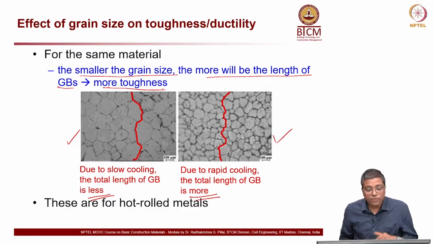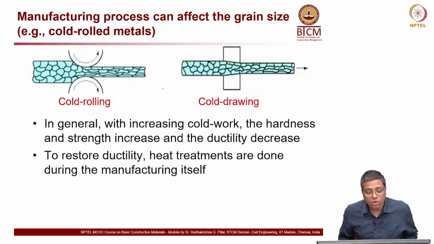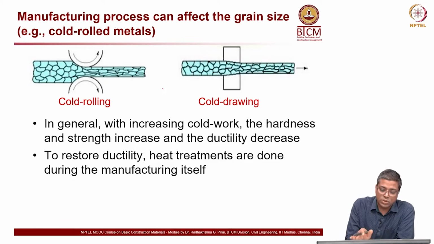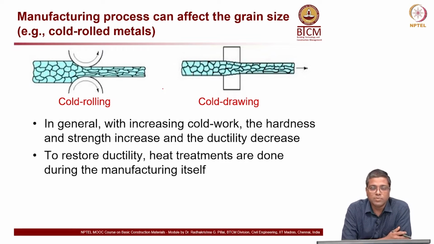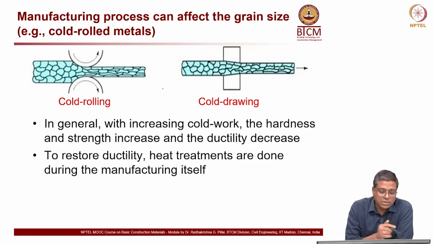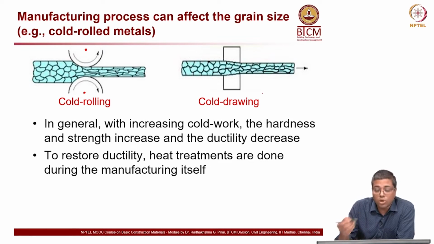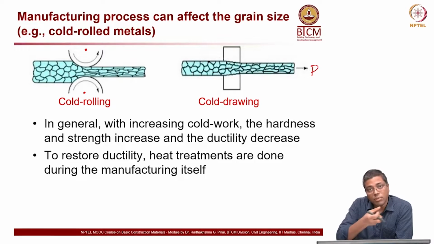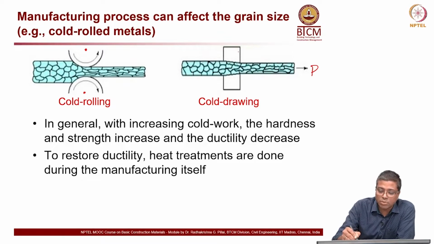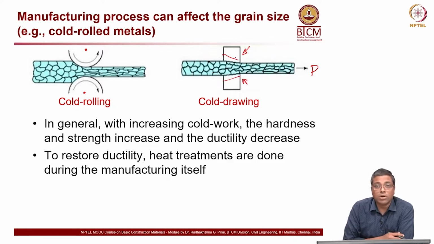Okay. If you actually do cold rolling or cold drawing also, these are the two different major ways by which we do cold working, a common term, cold working or strain hardening, etc. So, cold rolling, where you have two rollers here and the material is coming out through these rollers, whereas in the case of cold drawing, you are actually pulling the metal through a die, which is probably this is a die, and then you can see the change in the dimension or reduction in the dimension as the material is pulled through that.